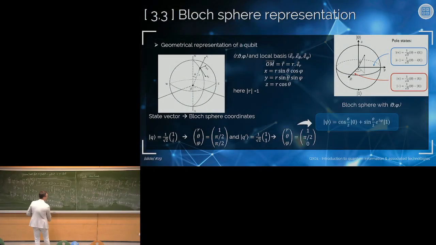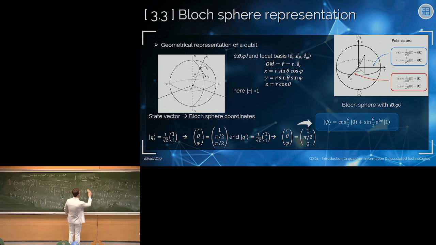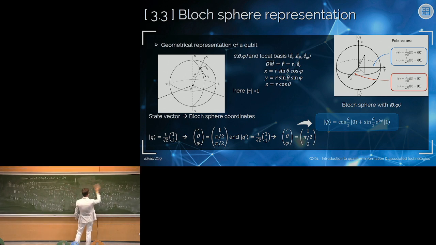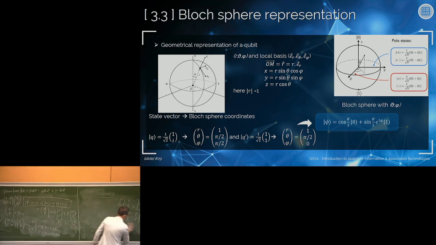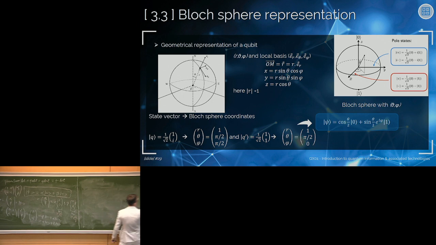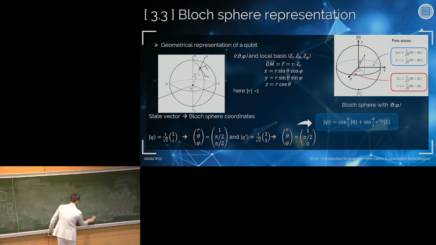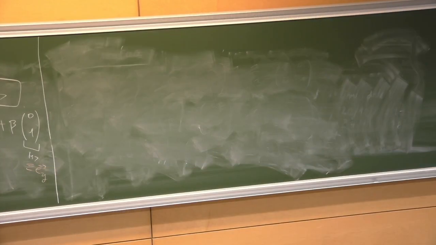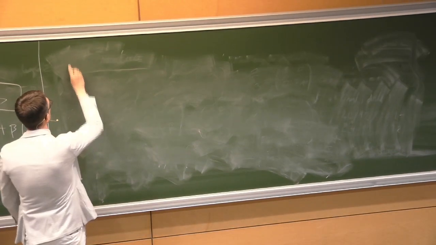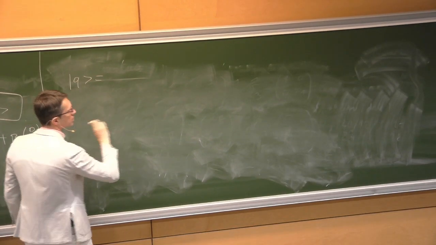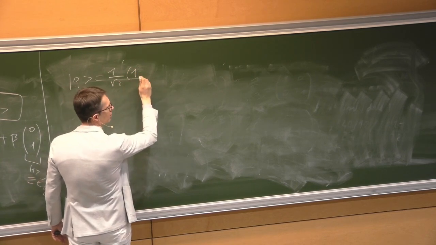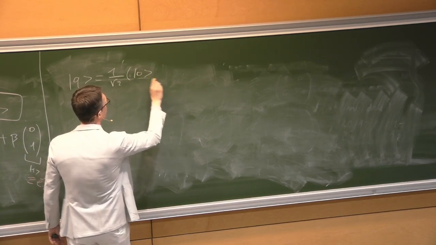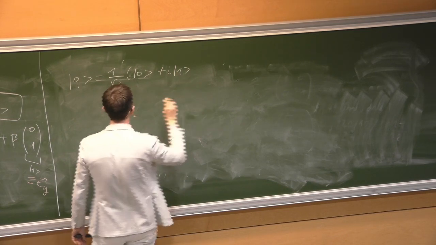So for instance, if I want to look at this particular qubit, Q, say I want 1 over square root of 2, 0 plus i1.